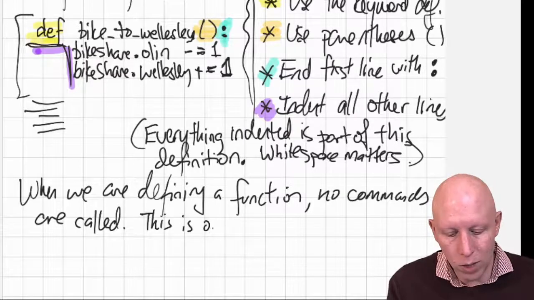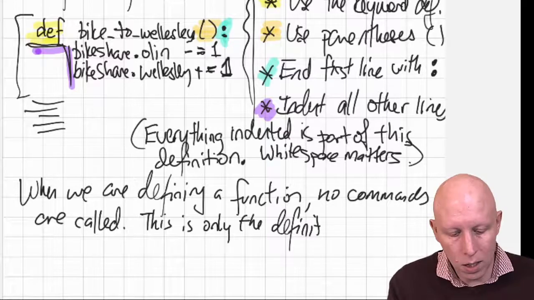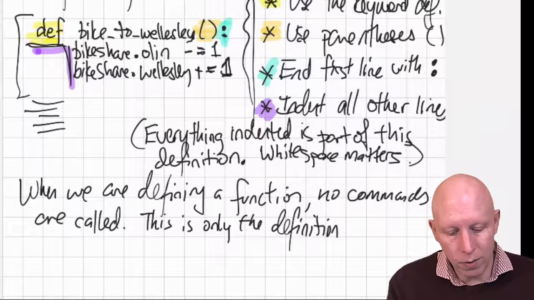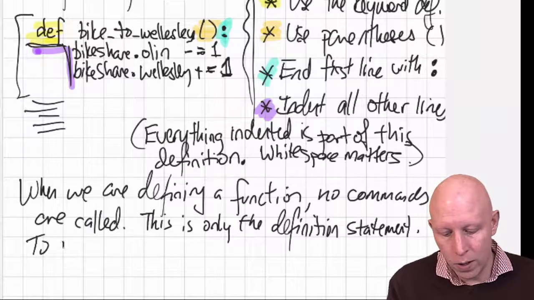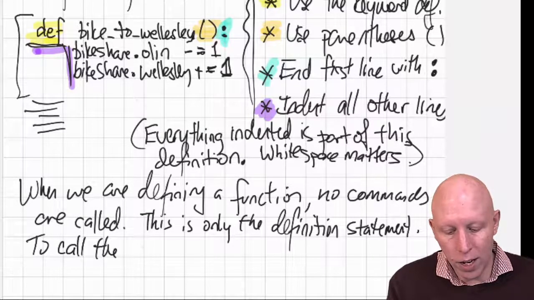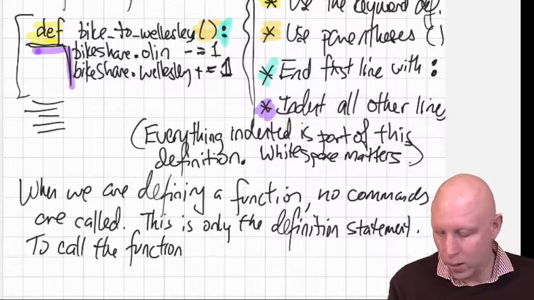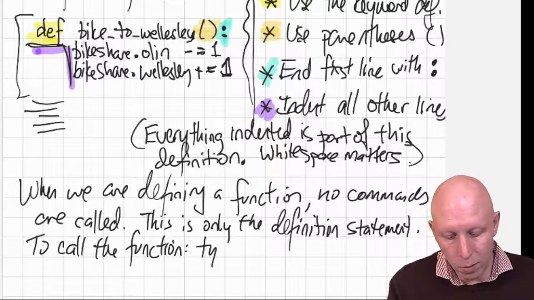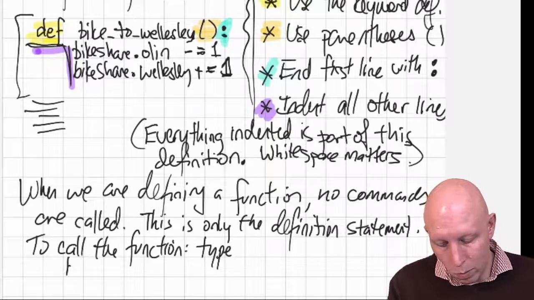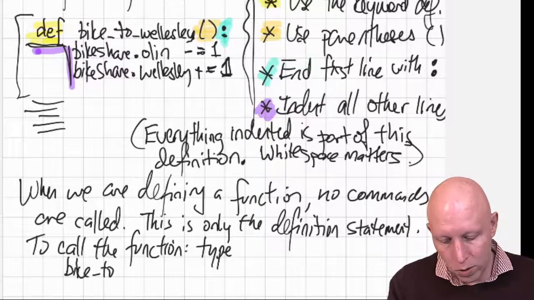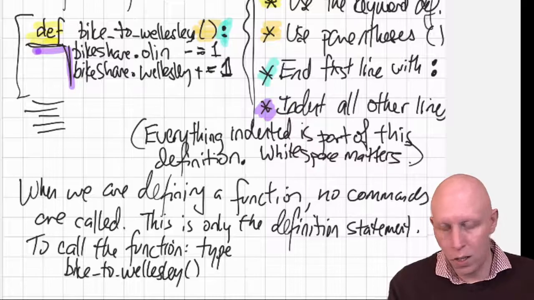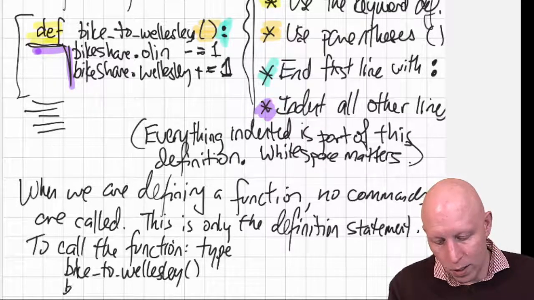This is only the definition statement. To call the function and actually get it to do those things, type in bike to Wellesley, bike share.